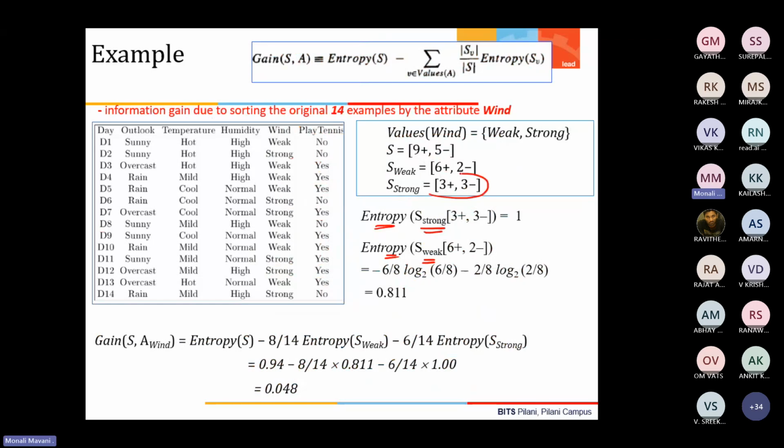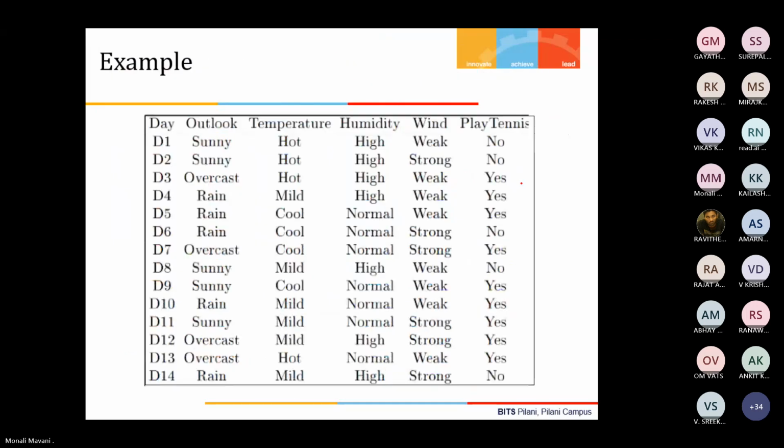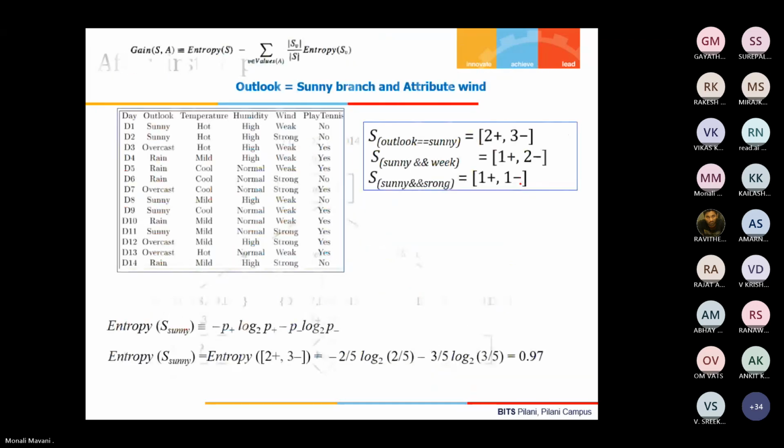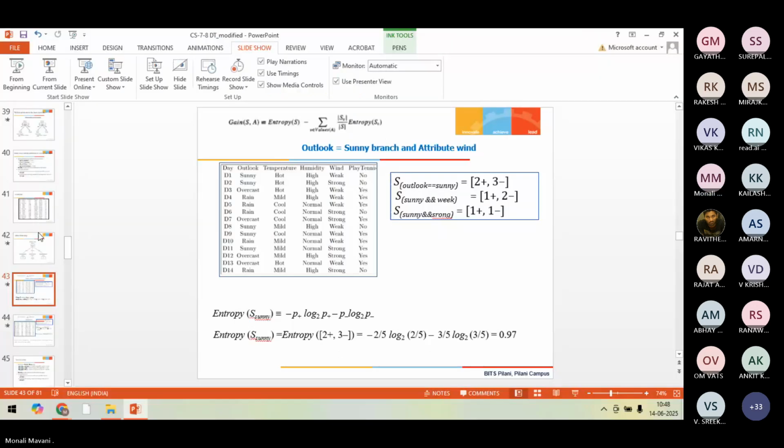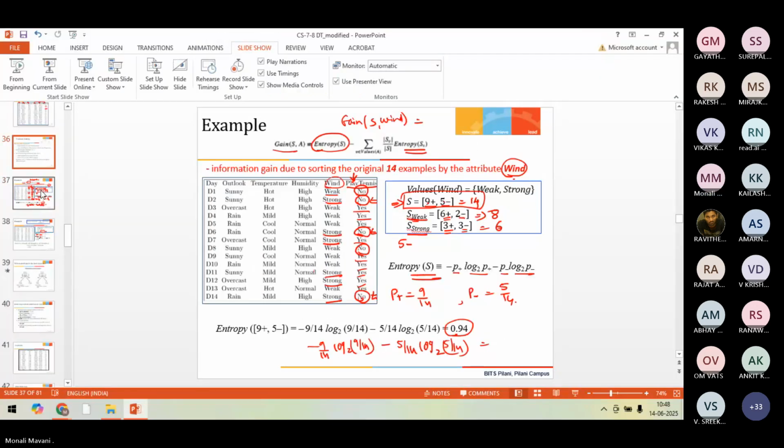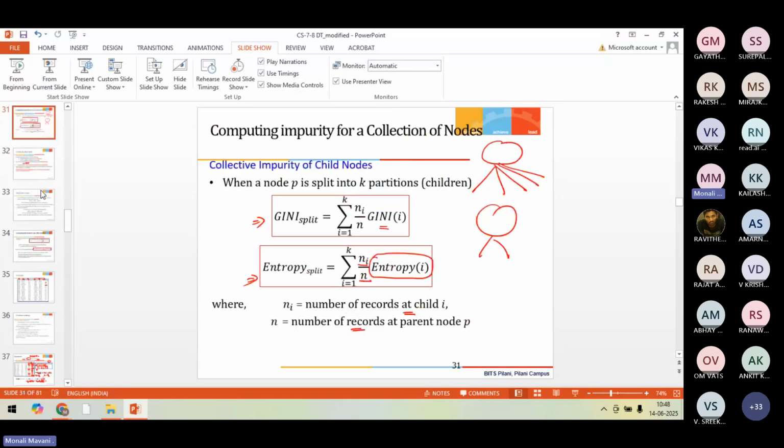Now while looking at it, what can you say? Do you really need to calculate the entropy over here? What will be the value of entropy? I've shown this example here.